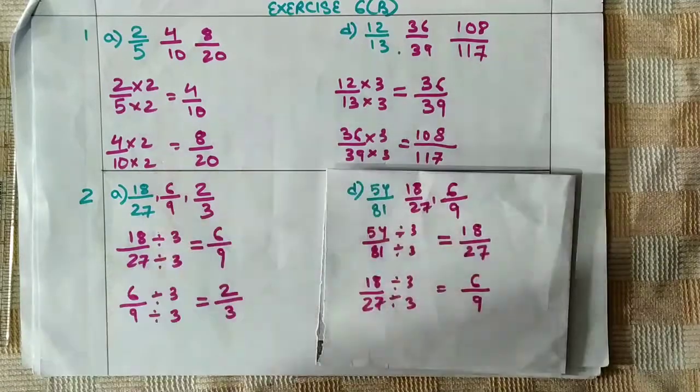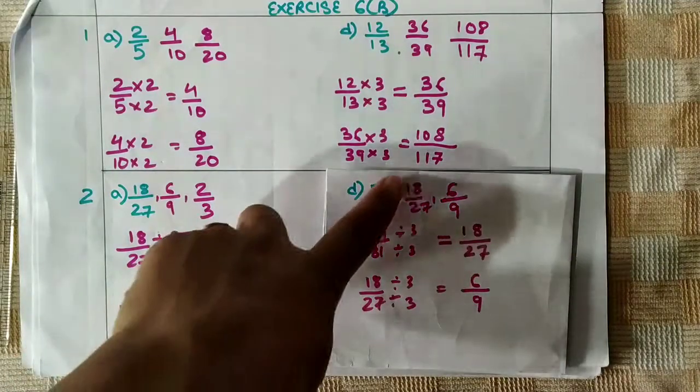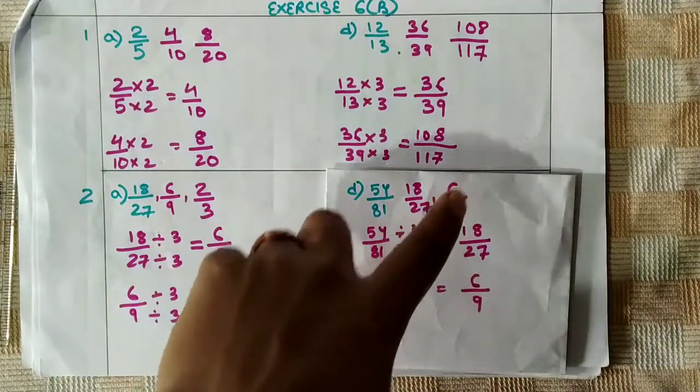So the equivalent fractions of 54 by 81 are 18 by 27 and 6 by 9.